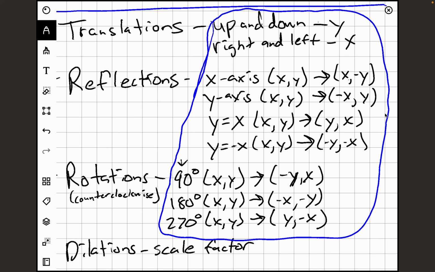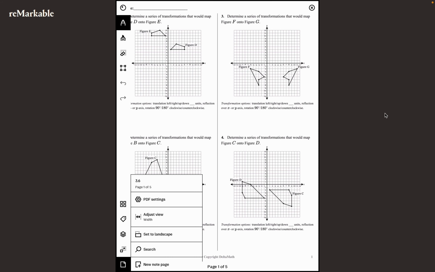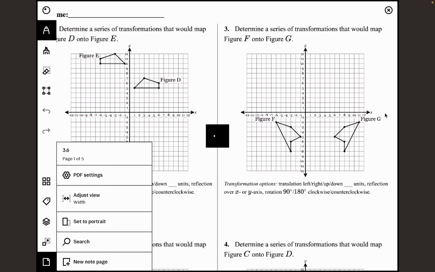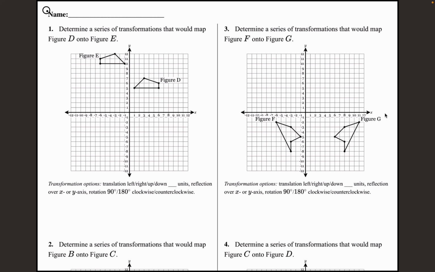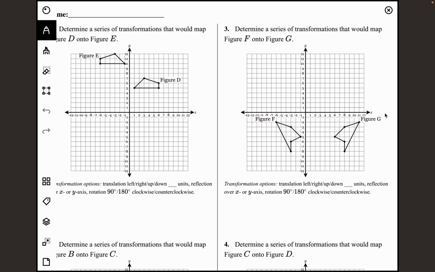We're going to be mixing them together. So we're going to have questions that are going to look somewhat like this. We have to determine the transformations, and we have to pick which two options happen. So I'm going to zoom in on this first one if I can.